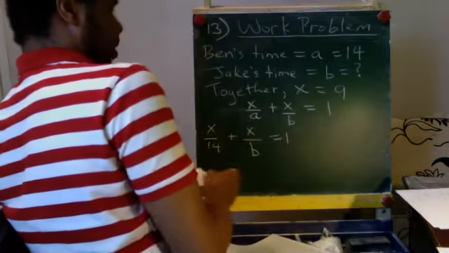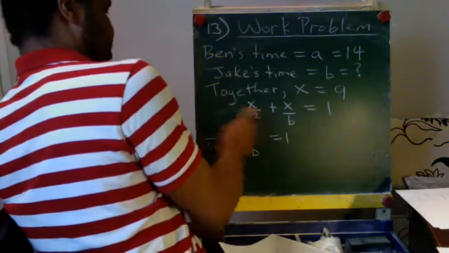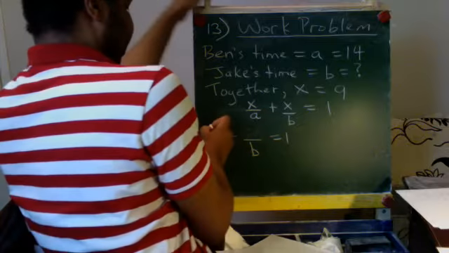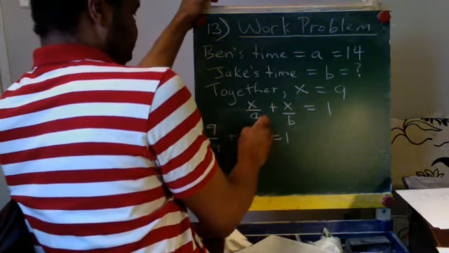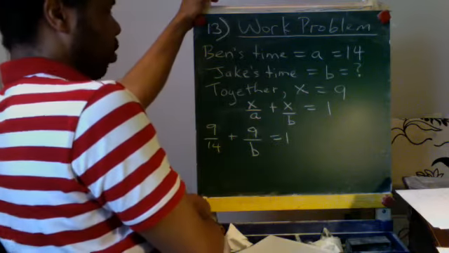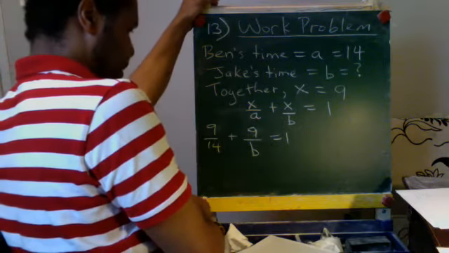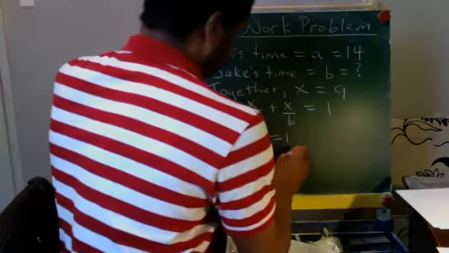We know that X is 9, so I'm going to put that in. So that says that 9 over 14 plus 9 over B is equal to 1.